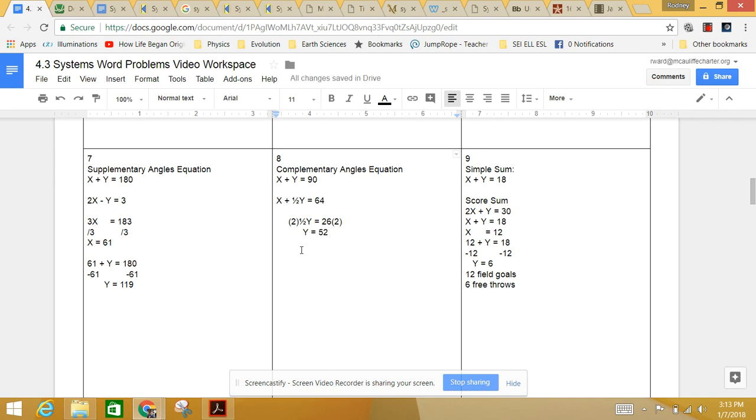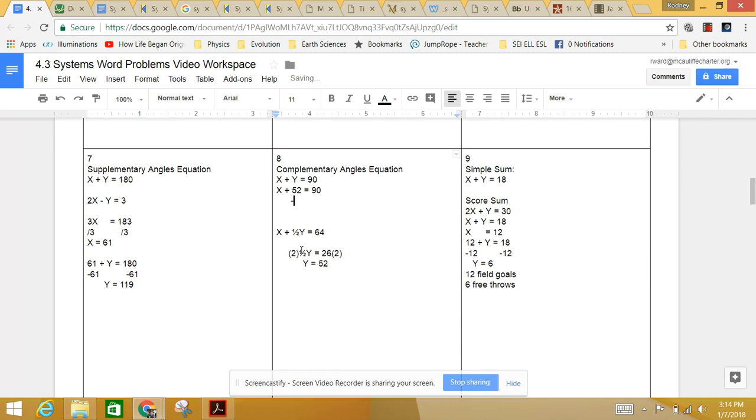So we have our two angles. We've got 52 degrees for y, and we don't yet know our x angle, but we have what we need to solve for it. So I can just replace y with 52 degrees. All right, and then we just solve for x.